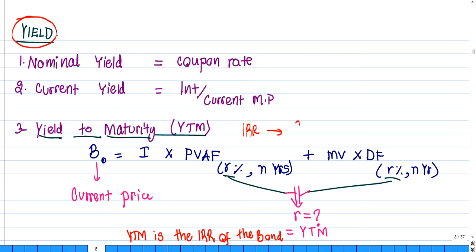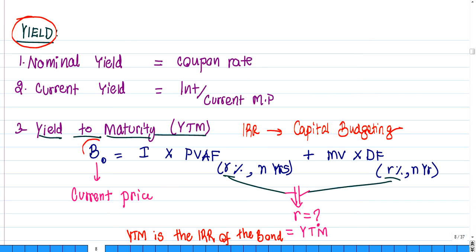I am sure you did IRR in capital budgeting. It is a similar concept in bond valuation. You know this formula: interest into present value of the annuity factor at r percent for n years, plus maturity value into discounting factor at r percent for n years.